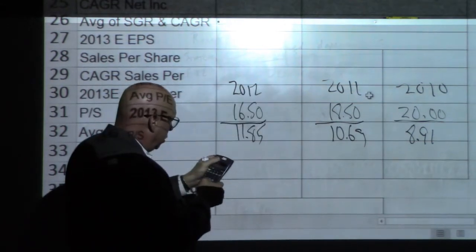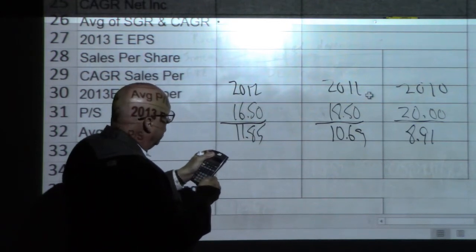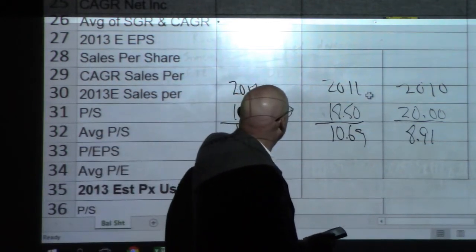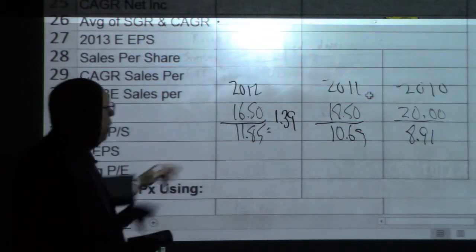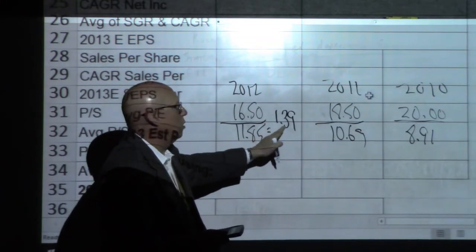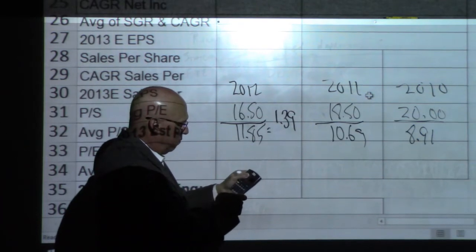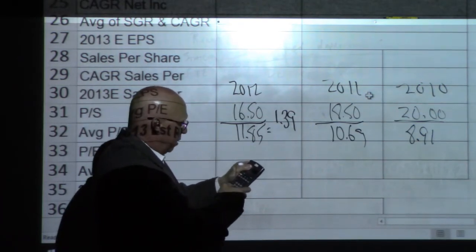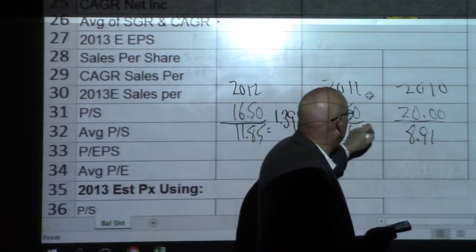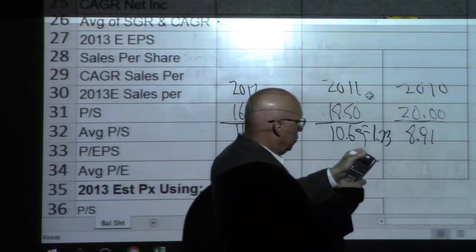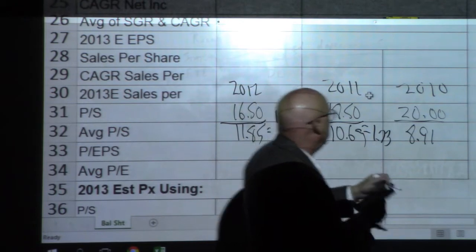Okay? So 16.5 divided by 11.85 is 1.39. That's price to sales. For every dollar in sales, people have been willing to pay $1.39. So 18.5 divided by 10.69 is 1.73. And then 20 divided by 8.91 is 2.24.